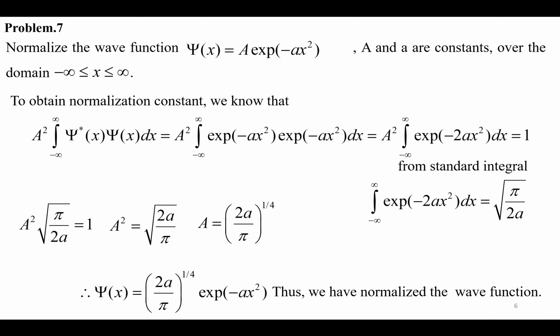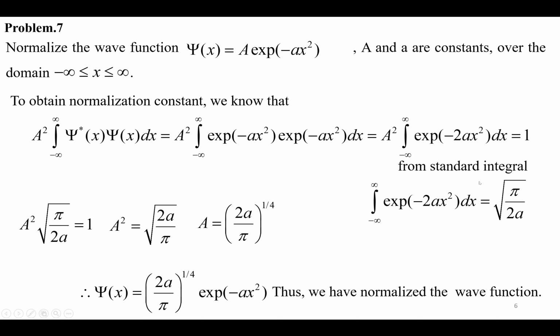Now we are going to get the normalization constant, the value for capital A. We know the normalization condition is A squared times the integral from minus infinity to plus infinity of psi star psi dx, which is equal to 1. Psi is given as A e^(-alpha x squared), so psi star will also be the same expression. Multiplying these two gives e^(-2 alpha x squared) dx, integrated, which equals 1.